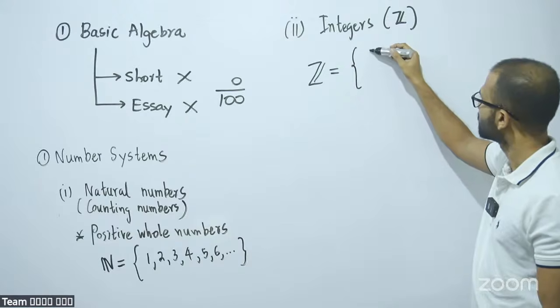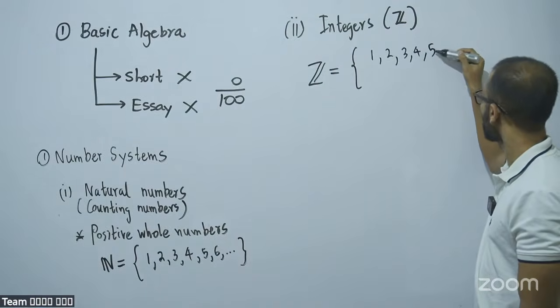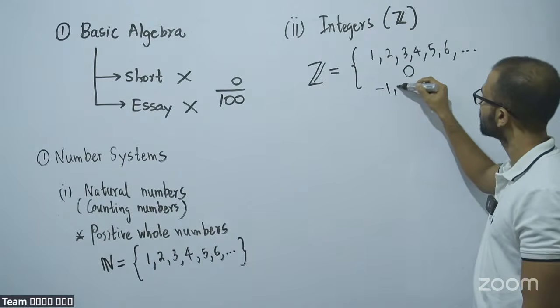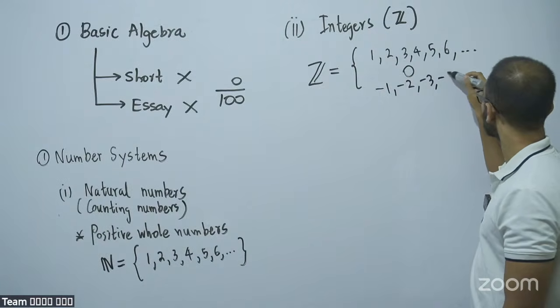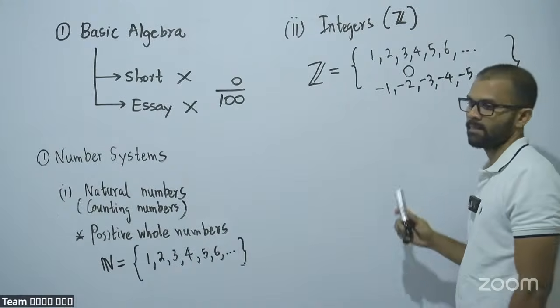So there will be all the natural numbers and 0 and all the negative whole numbers. Right?